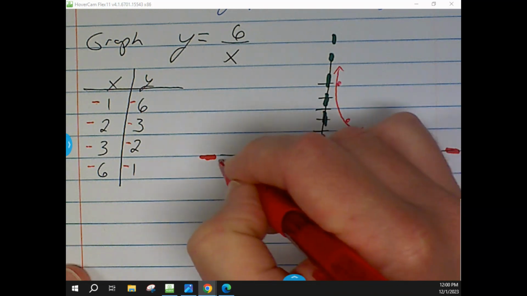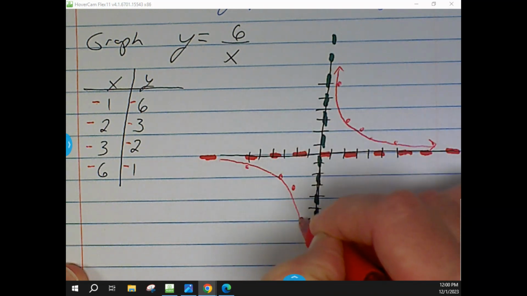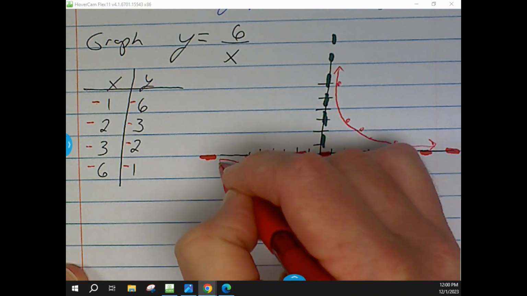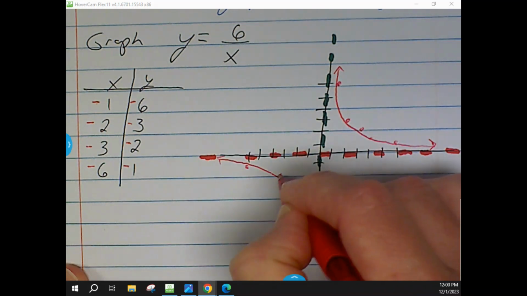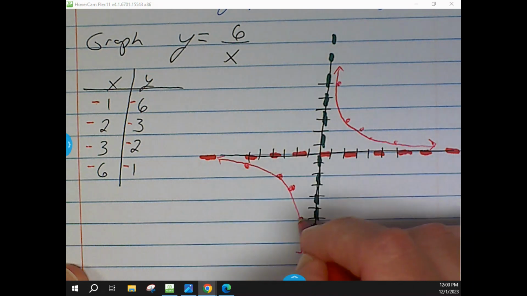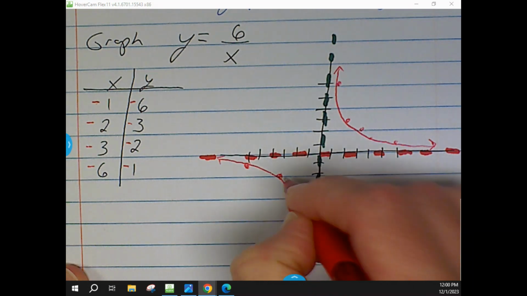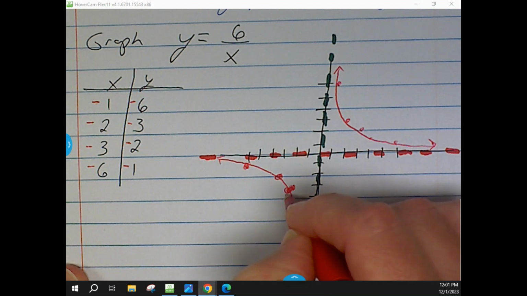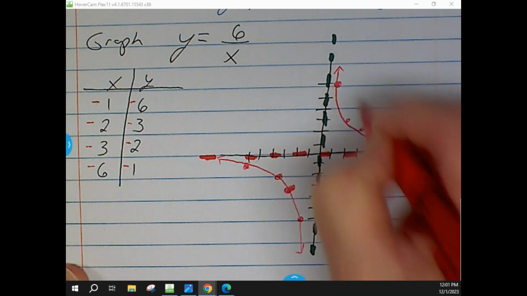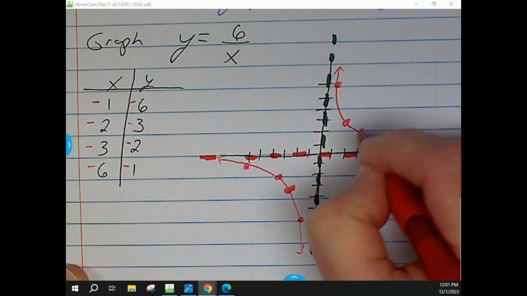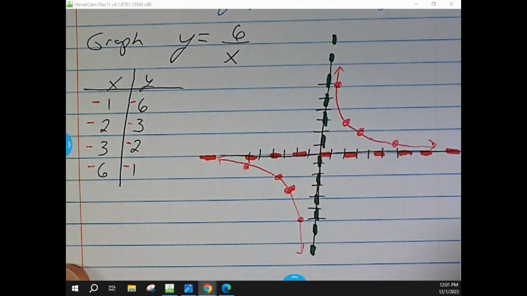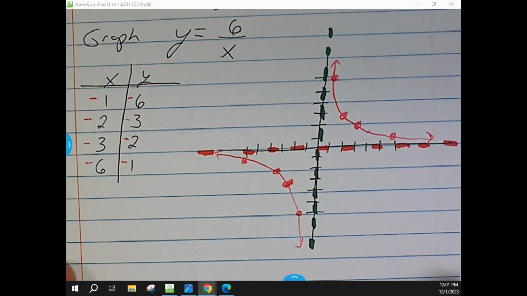So it's basically the exact same graph, just now it's down here. Okay, so there you go.